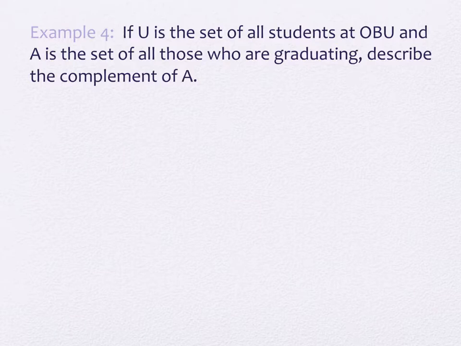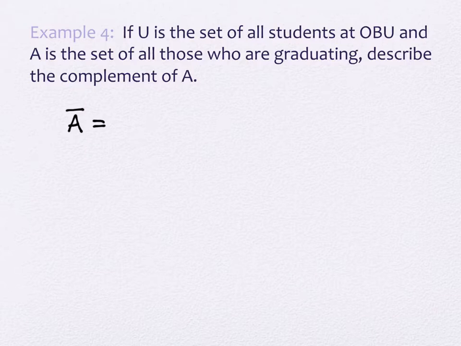The idea of a universal set, all the elements being considered, can be used to create lots of things. So if we have this U as the set of all students at OBU, and A is the set of all those who are graduating, describe the complement of A. So what would the complement of A be with these descriptions? Yes, but I need a little bit more language with it.